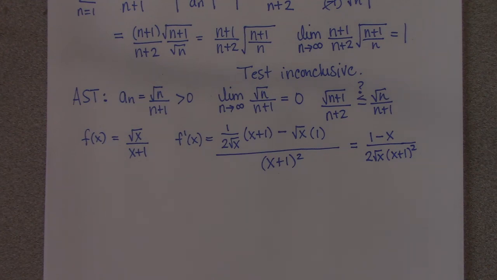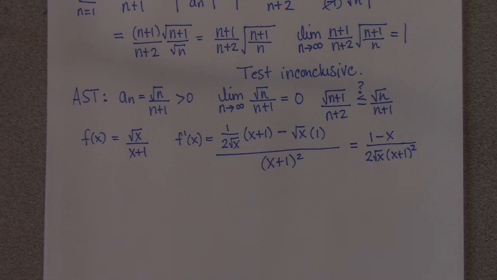So the original series was going from 1 to infinity, so we only care about how the function behaves when x is 1 or greater, okay? If you look at the denominator, well, the square root of x always has to be a positive value, right? X plus 1 squared will always come back as a positive value. So the denominator is always positive here, so we're good. So all we really need to test is what's going on in the numerator, right?